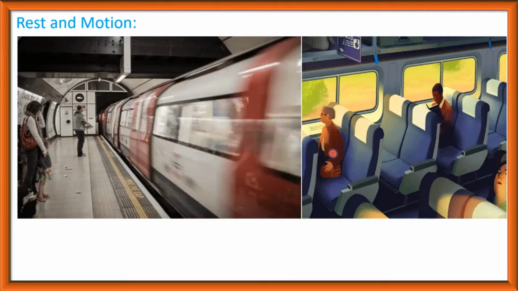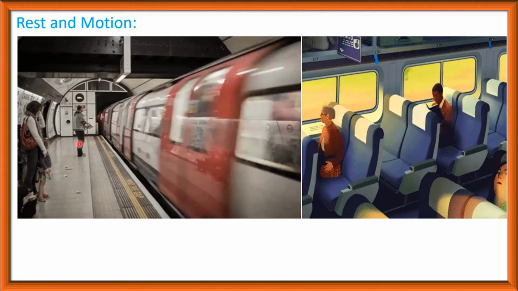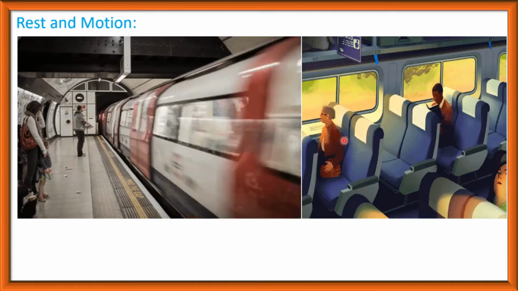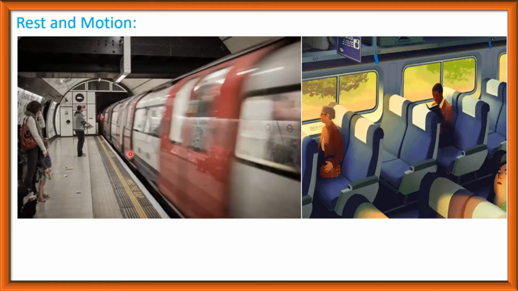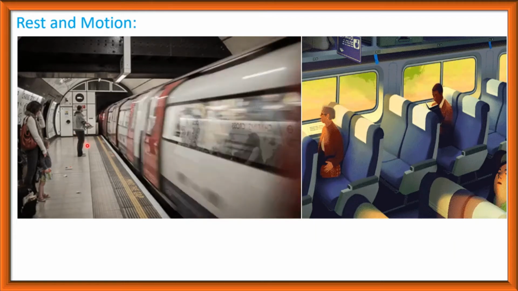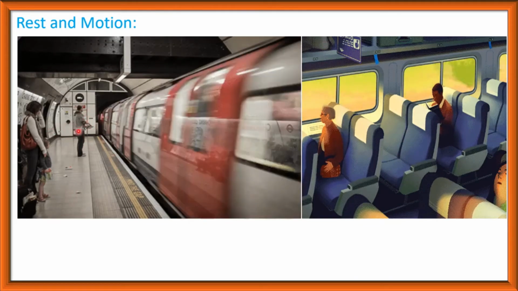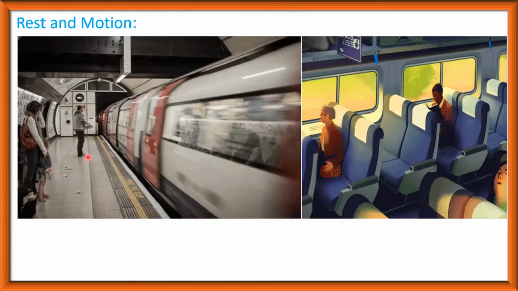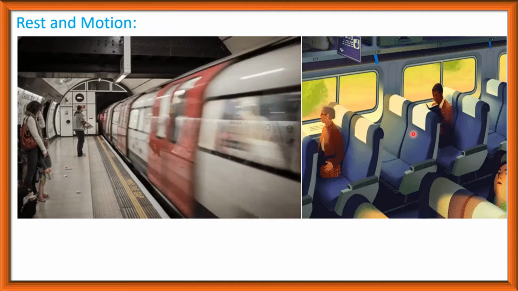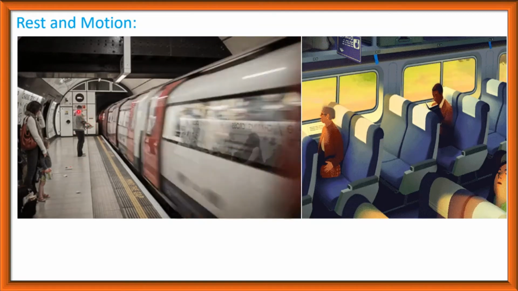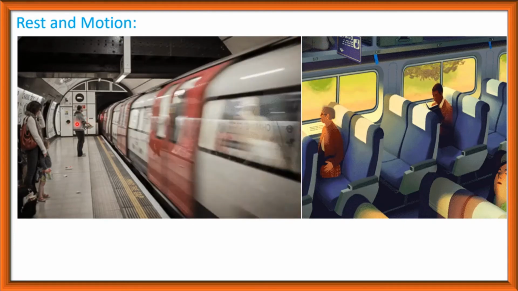These passengers are also in motion with respect to this person. That is, the position of the passengers is changing with time with respect to this person standing on the platform. So all the passengers and this train are in motion with respect to this person.